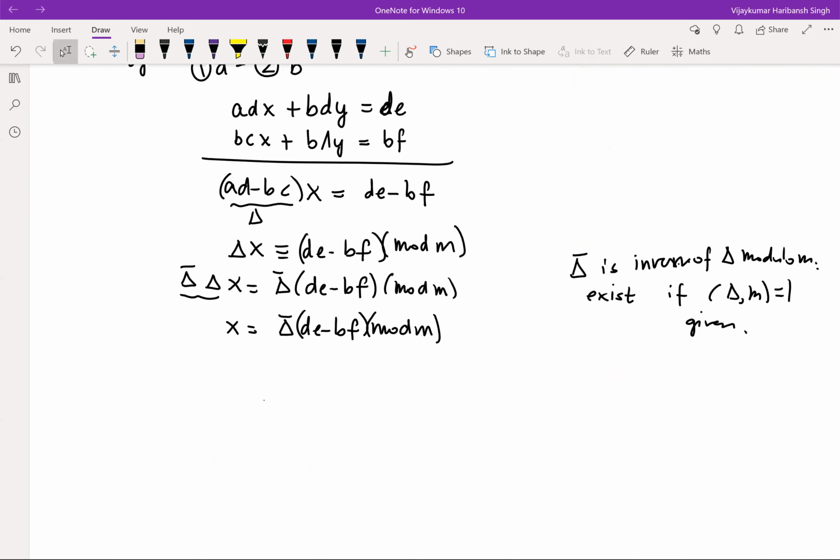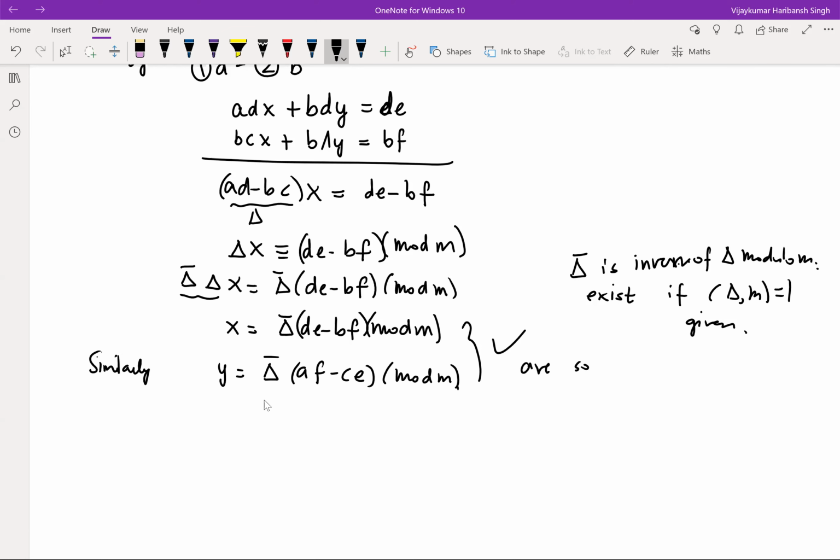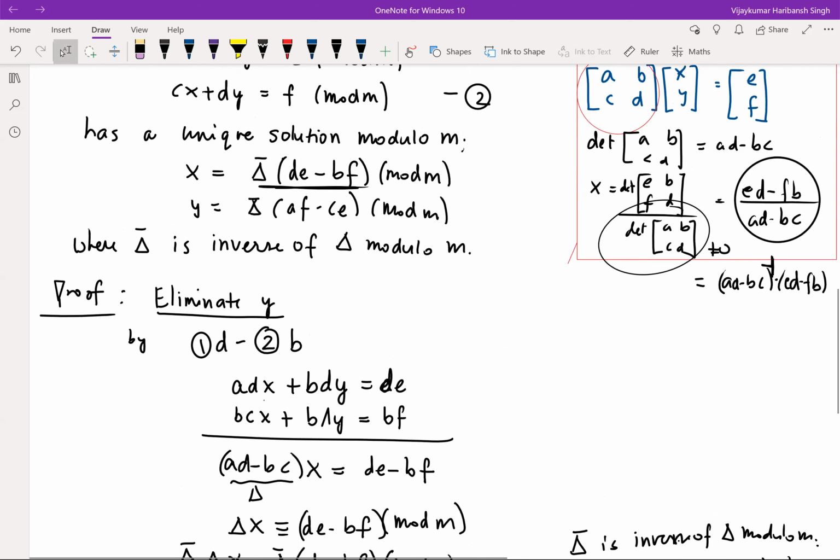And similarly, if you want to eliminate x instead, you can do a similar computation to see that y is delta bar times (AF minus CE) mod m. So now we have shown that these two are the solutions.